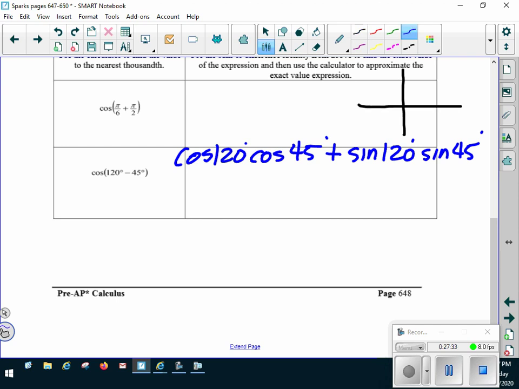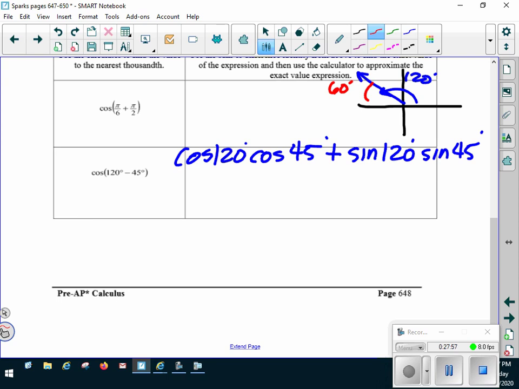Good. 120 degrees is in the second quadrant with a reference angle of 60 degrees. Good. So what's the cosine of 120 degrees? It goes to the left, so it's negative.